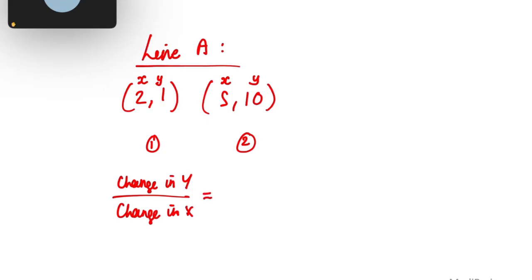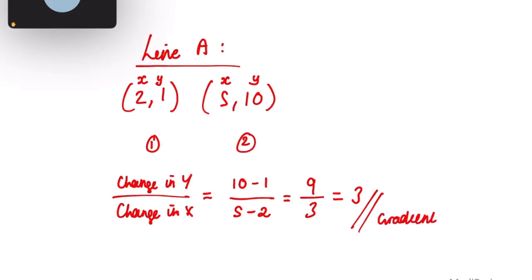Your change in y is just going to be the second subtract the first. So it's going to be 10 subtract 1, divided by the change in x, which is 5 subtract 2. Now 10 subtract 1 is 9, 5 subtract 2 is 3, 9 divided by 3 is just 3. So this is the gradient of the first line.